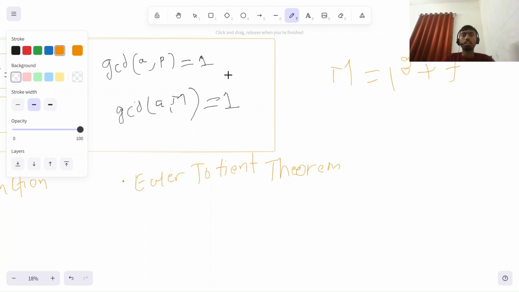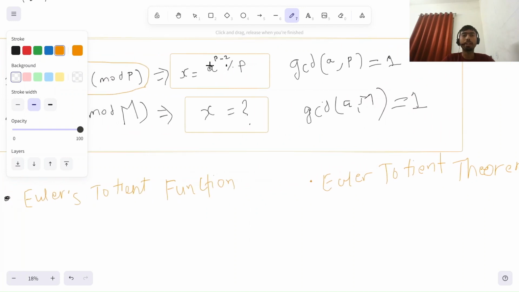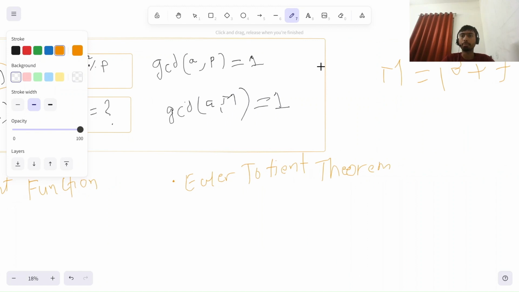You may have ignored this condition and directly applied this equation to get the modulus inverse of a modulo p, and most of the time the solution gets accepted.